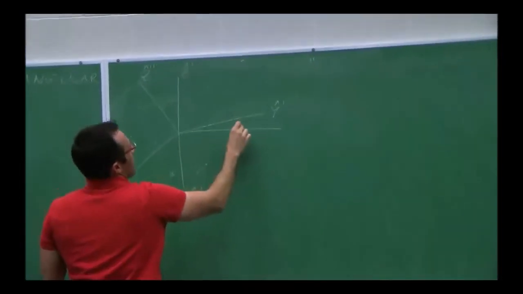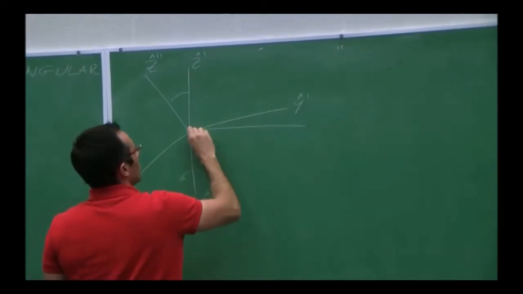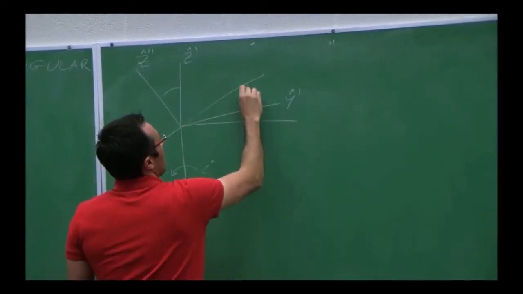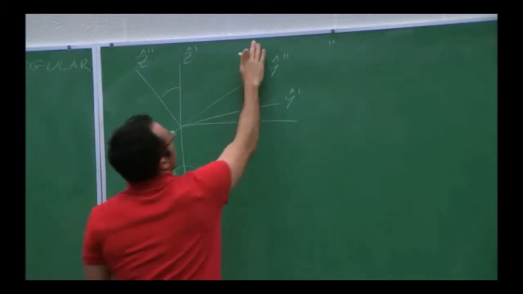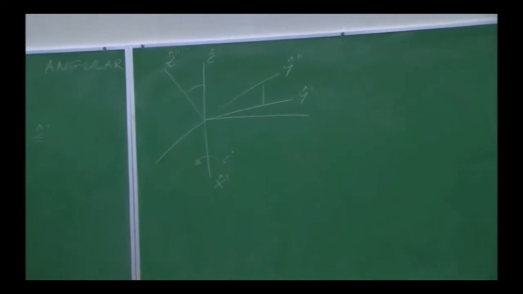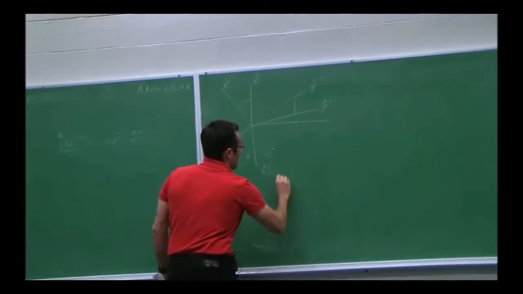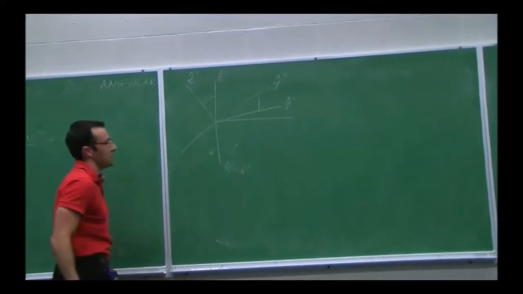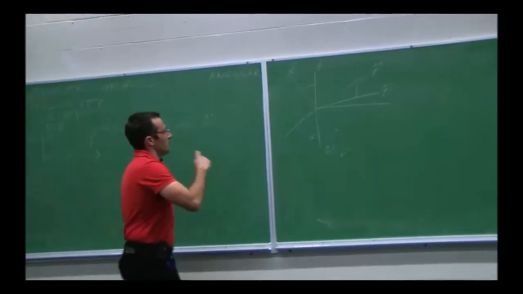So I go here, and this y prime goes up. It's leaving the xy plane, of course, right? By the same angle I, and goes to y second. Okay? Make sense? So the only axis that remains fixed, of course, is this one. At each rotation, I have one axis that remains fixed. It doesn't change.